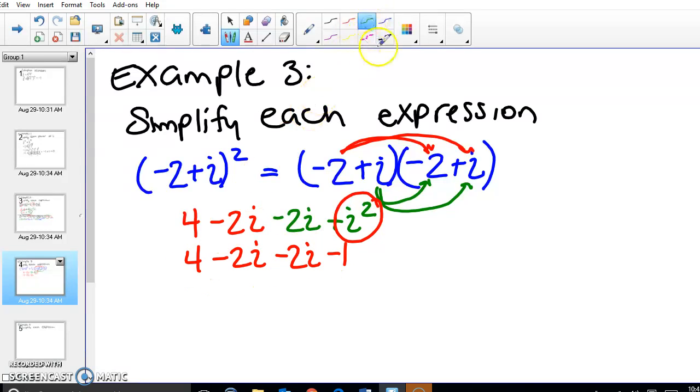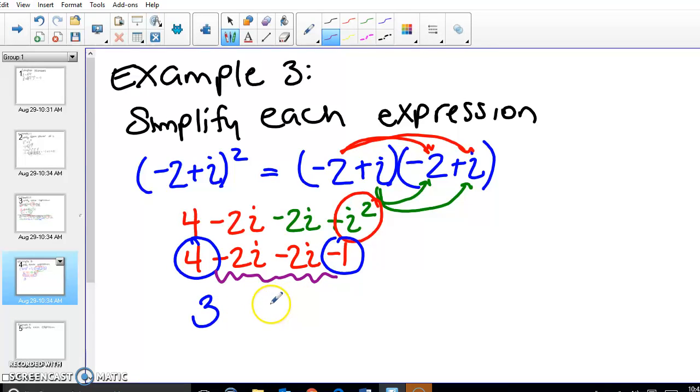So now we can combine our 4 and negative 1. So 4 minus 1 is 3. And then negative 2i minus 2i is negative 4i. And so our quantity negative 2 plus i squared is equal to 3 minus 4i.